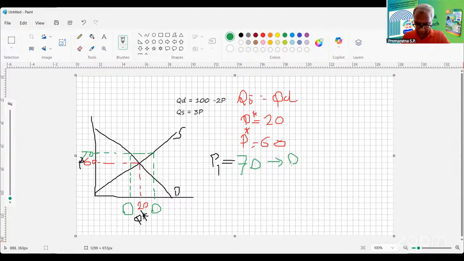Supply, because the supplier gets a higher price, more supply comes to market.